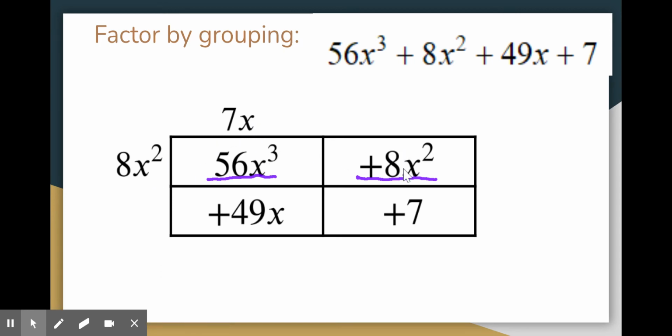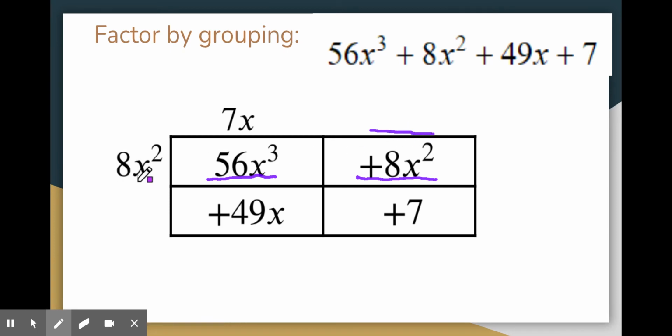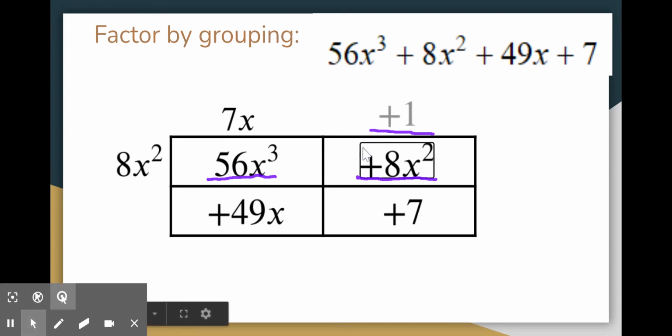Okay, then I move on to this next box here. And what goes up on top is what times 8x squared gives me 8x squared. Well, that can only be 1.